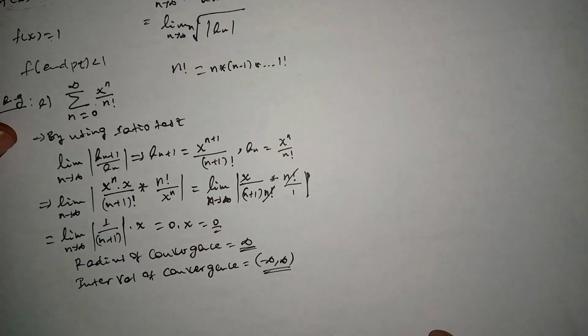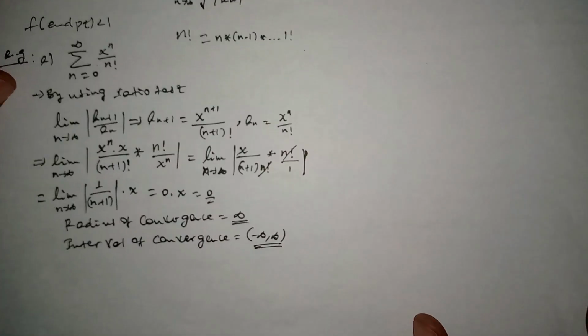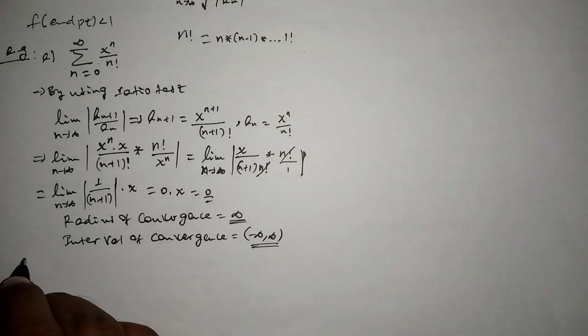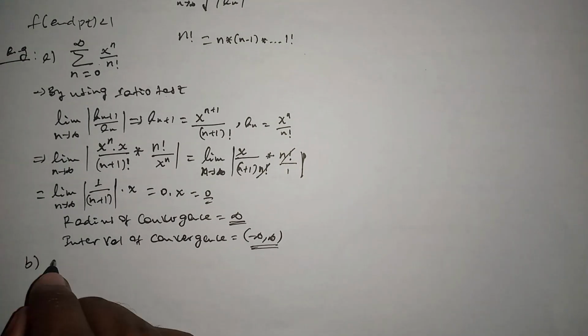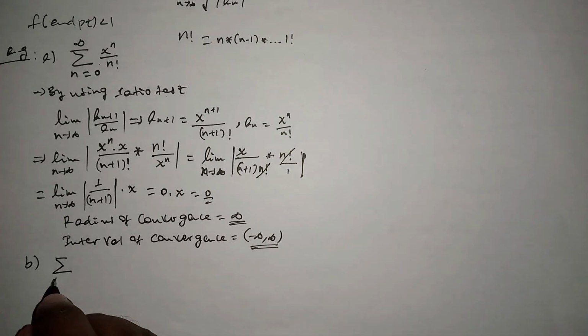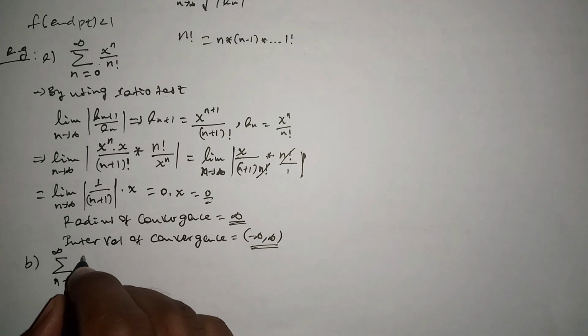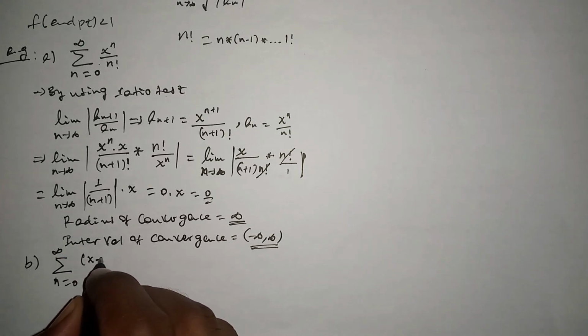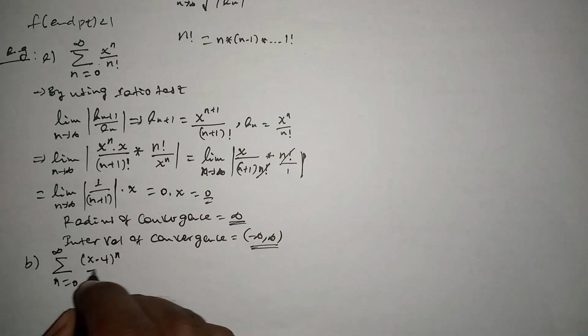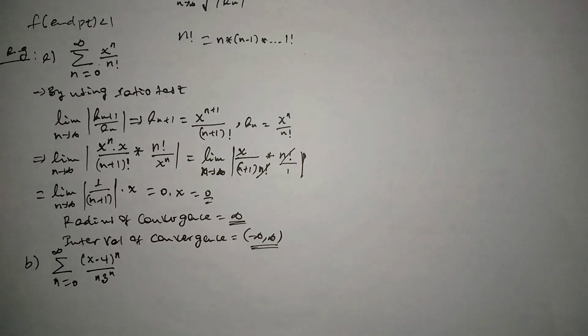Let's see another example. Let me say b: the summation as n runs from 1 to infinity of x minus 4 raised to n over n times 3 power of n.